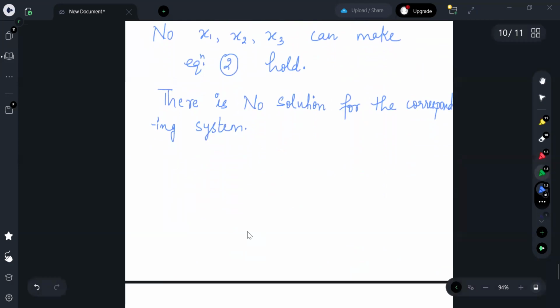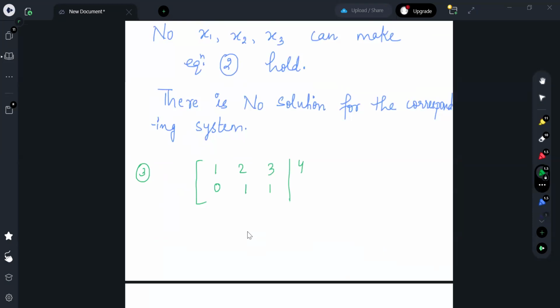Now, I just want to make sure that you understand the difference between two types, which could be very confusing, especially in an exam. You might panic and rewrite that system as a no solution case. Well, that would be wrong. If I give you another system, say 1, 2, 3 equals 4, and I have 0, 1, 1 equals 0, and then I have 0, 0, 2 equals, say, 3.